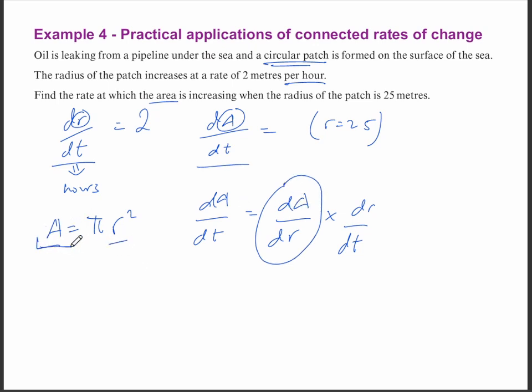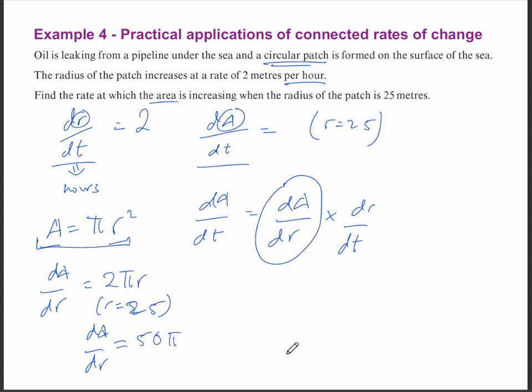So we're going to differentiate this, and we will get that dA over dr is equal to 2 pi r. Putting in our value of r, which is 25, dA over dr when r is equal to 25 is just going to be 2 times pi times 25, which is just 50 pi.